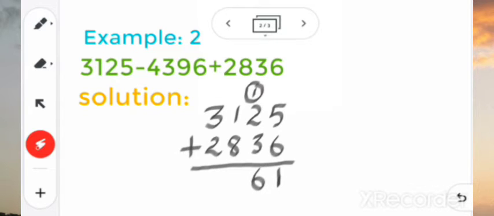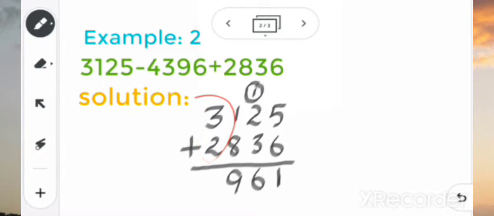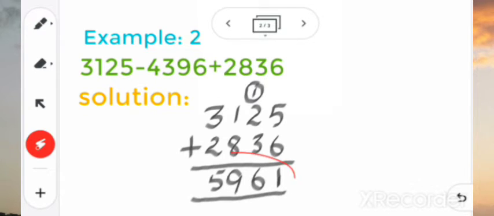Next we have 1 and 8. 1 plus 8, it is 9. Next we have 3 plus 2, it is 5. So by adding the first and the third number, we have got the sum 5961. From this 5961 only you will subtract the second number.